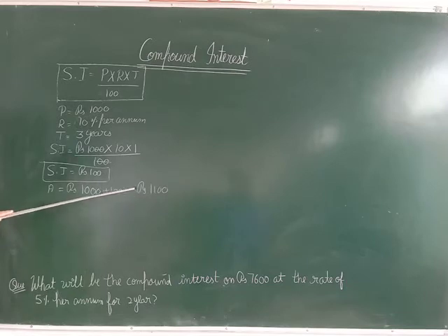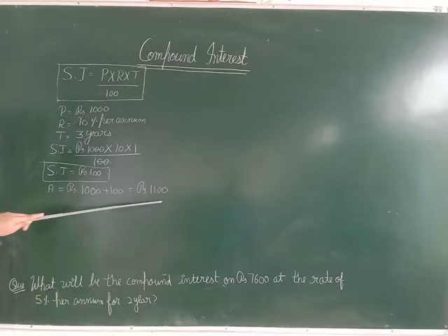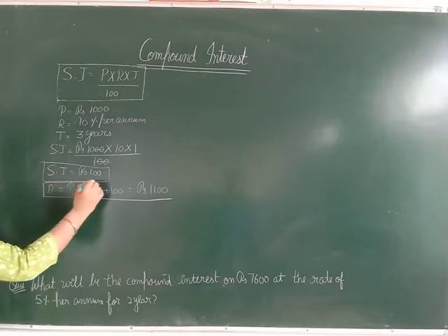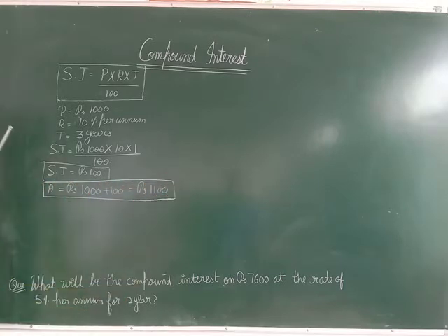But in case of compound interest, your amount for the second year becomes principal, right? Understand this point? This is very important. In case of compound interest, the amount that you have to pay in the end for next year becomes principal.